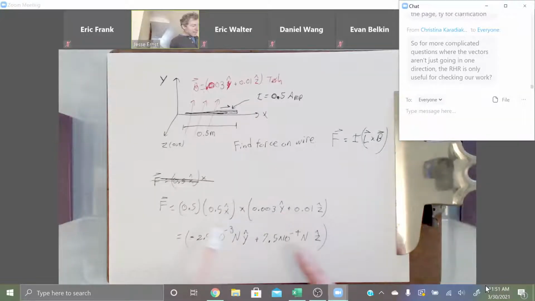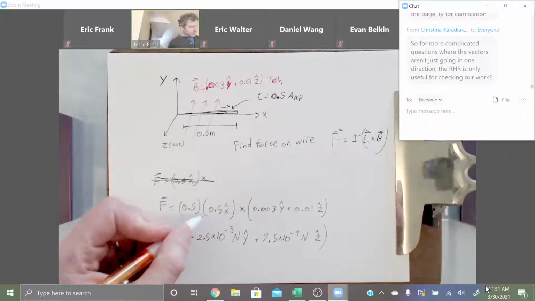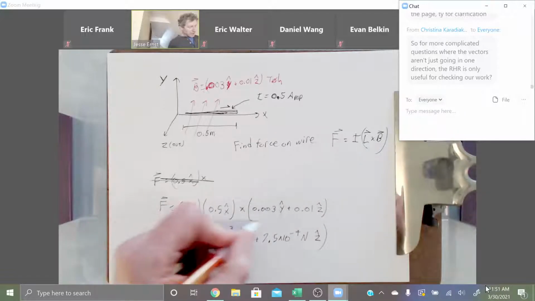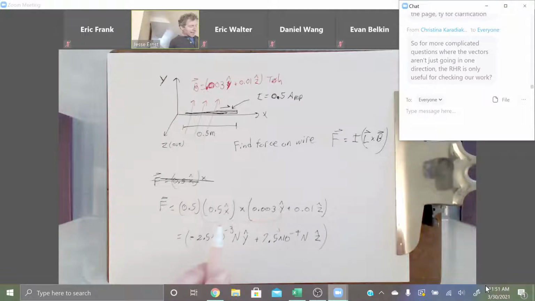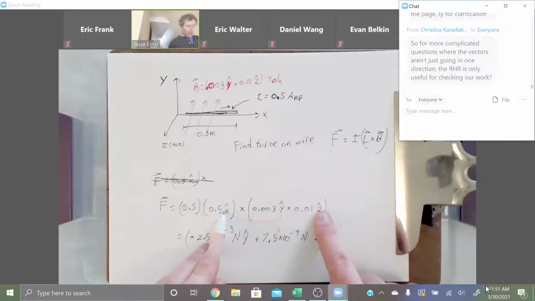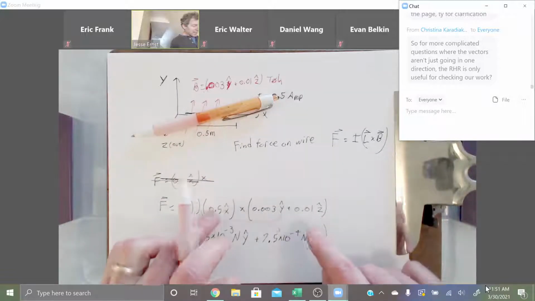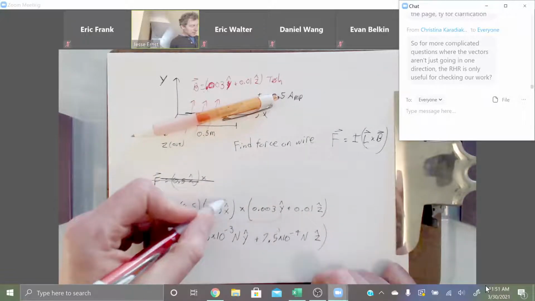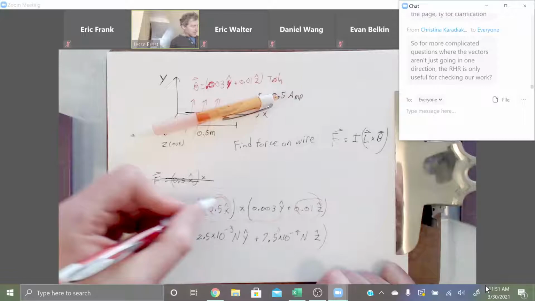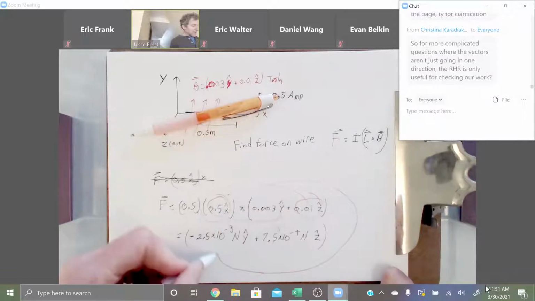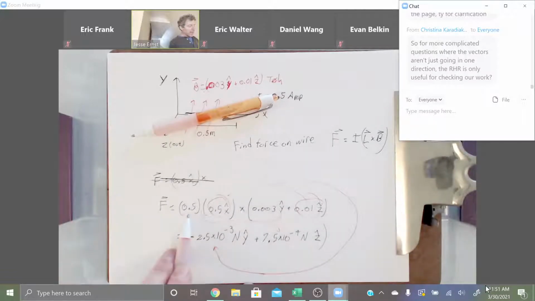So this times that goes here. And then x hat cross z hat is minus y hat. And so this times this is what winds up there. This times this, then of course the whole thing multiplied by that winds up here.